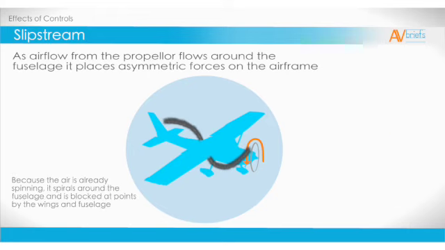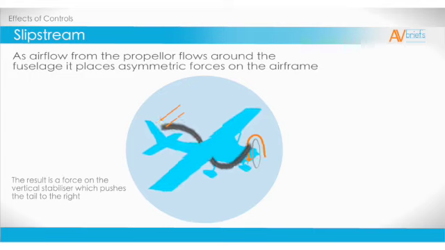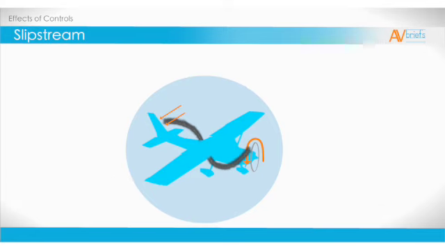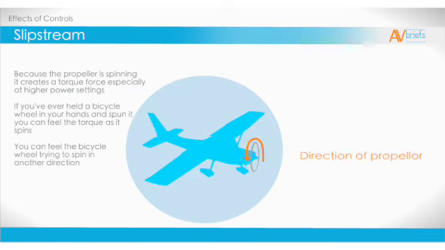Because the air is already spinning, it spirals around the fuselage, and is blocked at points by the wings and fuselage. The result is a force on the vertical stabilizer, which pushes the tail to the right. This effect is most noticeable at higher power settings, and at lower airspeeds, such as at the start of the takeoff run. Another force is torque effect.